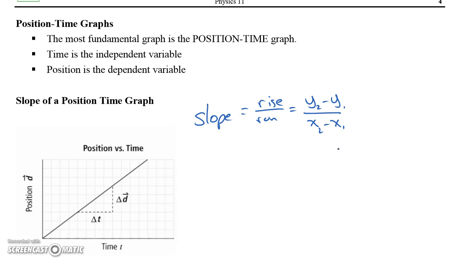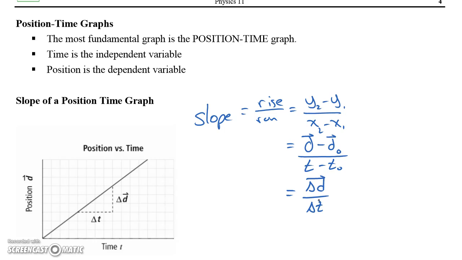Now if we're looking at a specific position time graph, we can rewrite the y's and x's as d minus d naught, and those are position vectors, and then t minus t naught. Now that's again symbolizing our final minus initial, which allows us to rewrite it as delta d over time interval, which should be fairly familiar.